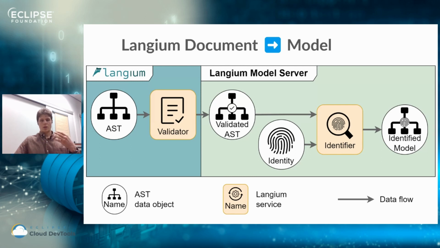For instance, if there is a duplicate name or an unresolved reference. Second step is to associate a unique and unmodifiable identifier with each validated node to track its changes over time.